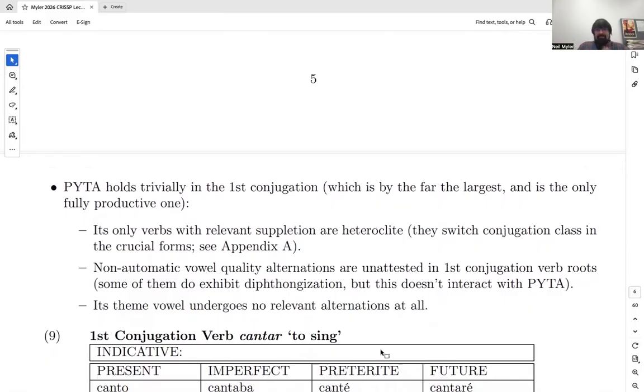And Appendix A deals with those kinds of verb. Non-automatic vowel quality alternations are unattested in first conjugation verb roots. Some of the first conjugation verbs do exhibit diphthongization alternations, but those don't interact with PYTA, not the ones that are inside the root anyway. And the theme vowel in the first conjugation undergoes no relevant alternations at all.